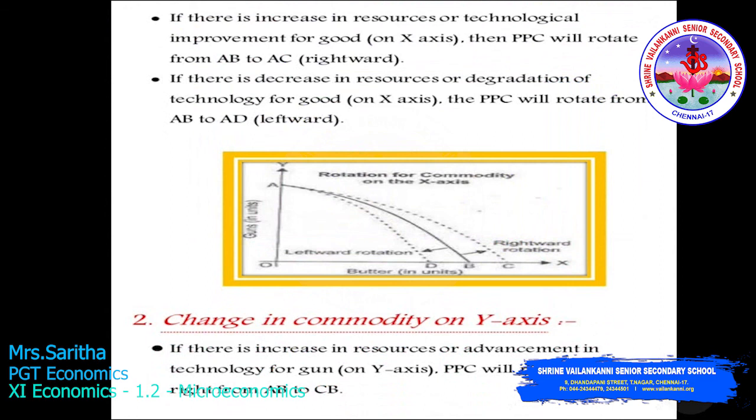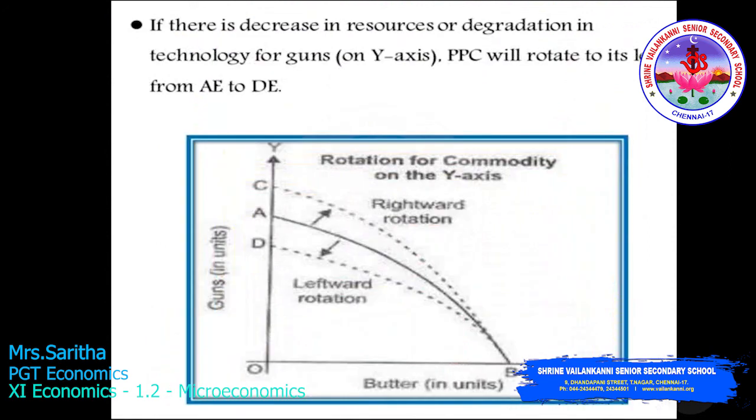If there is a decrease in the resources or degradation in technology for the guns on the y-axis, the PPC will rotate to its left from AE to DE. So these are the two rotations, of the x-axis and y-axis.